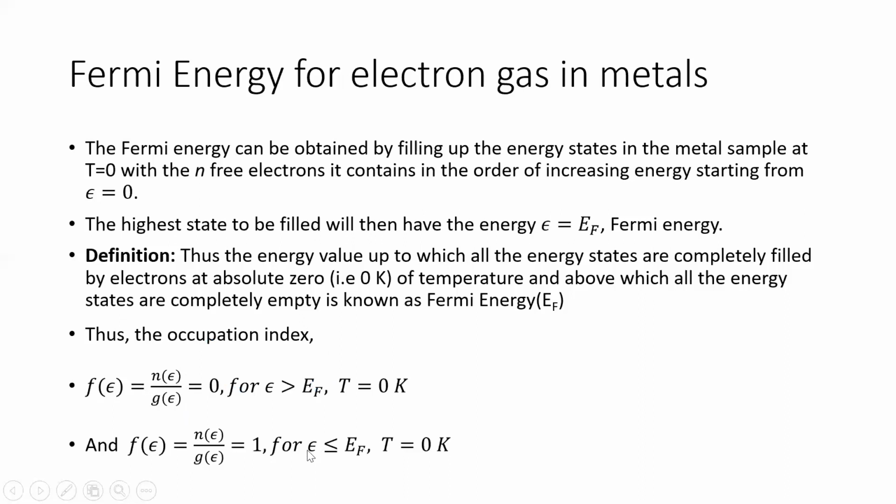Similarly, when E is less than or equal to the Fermi energy, we now understood that all the energy states lower than the Fermi energy are filled. So the occupation index F of E will be 1 for E less than EF at absolute zero temperature. So F of E will be 0 when E is greater than EF, and F of E will be 1 when E is less than or equal to EF.